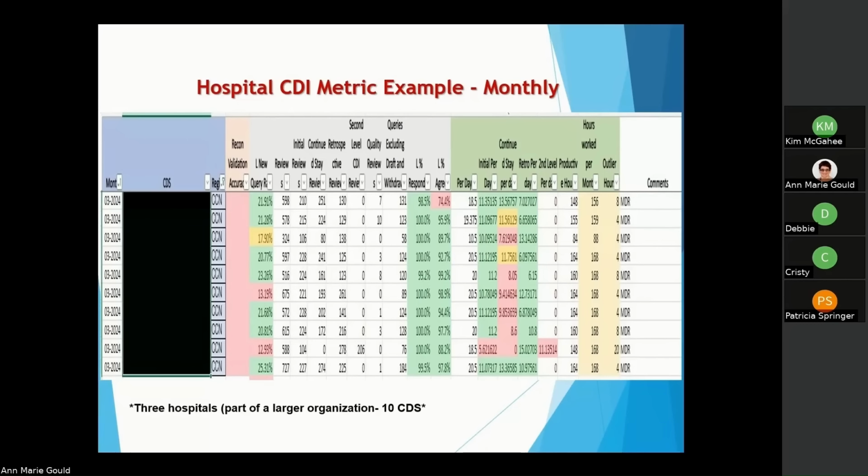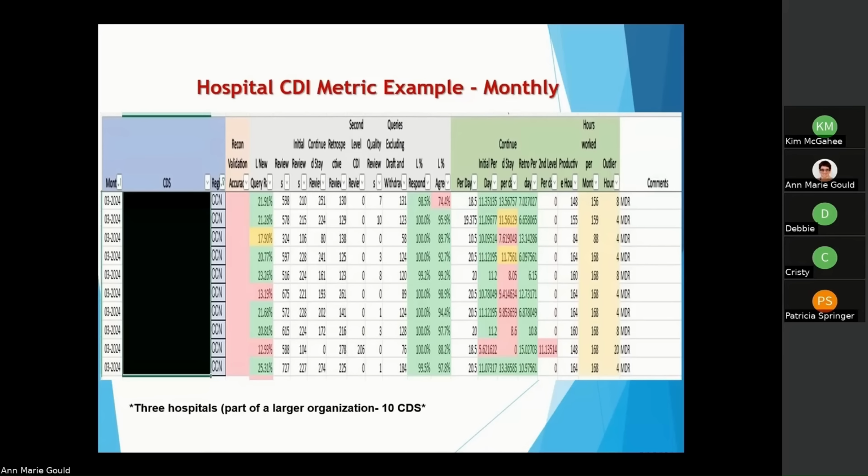And if there were any second level CDI reviews, you can see on the bottom, the 9th CDS had 206. So she had to do a lot of CDI reviews. She's probably a lead that's doing second level CDI reviews, maybe for denials or something. So she's looking at those cases, and she did quite a few reviews for those cases.